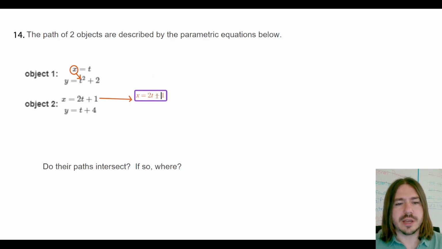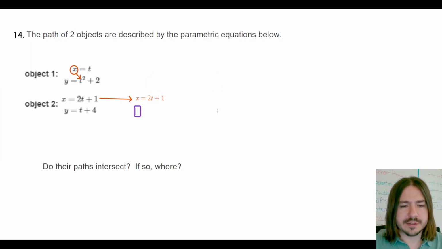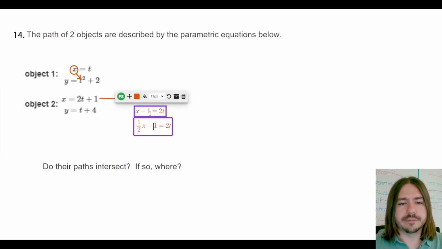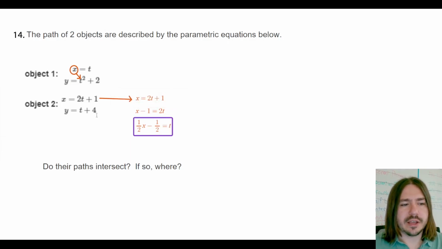And then if I subtract 1 from both sides, that's going to give me x minus 1 equals 2t. And then if I divide everything by 2, I'm going to get 1/2 x minus 1/2. So that's t, and I can substitute that into t for the other equation.